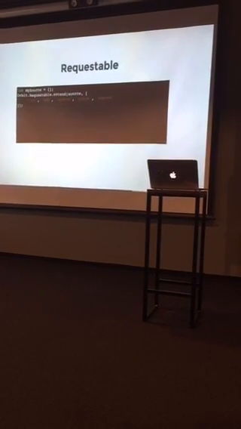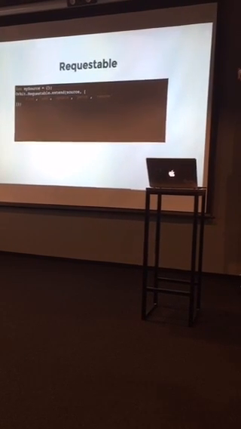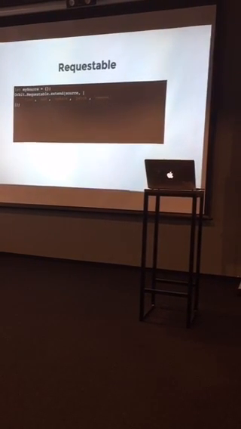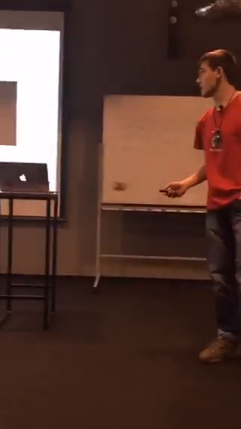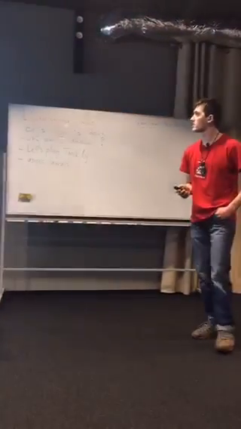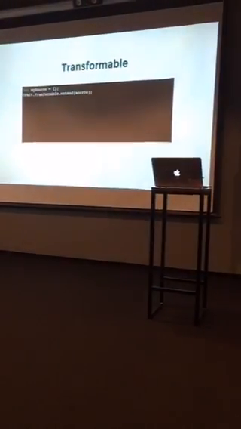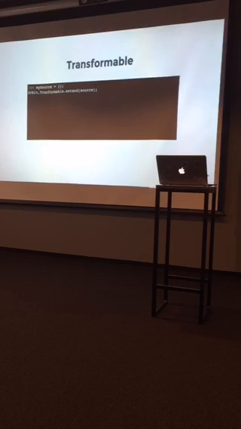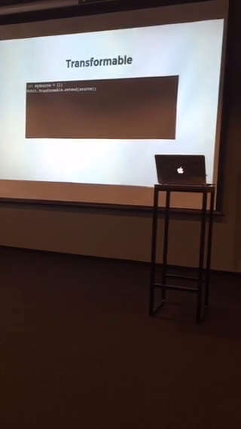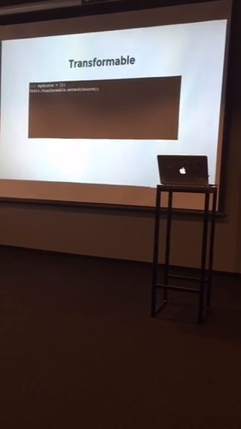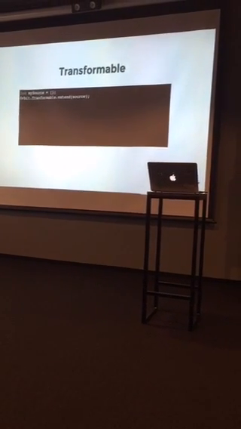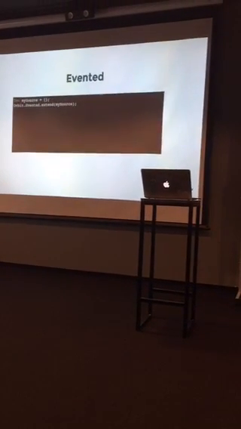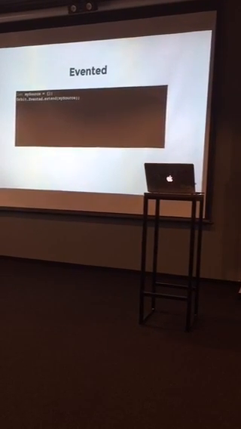And for example, requestable. After this, we can extend this. It's like one source, and a requestable source creates another source for you. So we have transformable. And we have evented source.